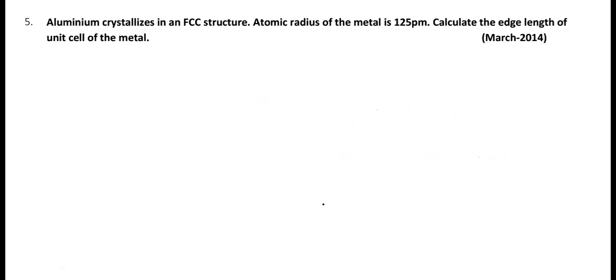Aluminium crystallizes in FCC. The atomic radius of the metal is 125 picometer. So it is the atomic radius, it is R. Calculate the edge length of the unit cell. A similar problem to the previous one. 125 picometer.